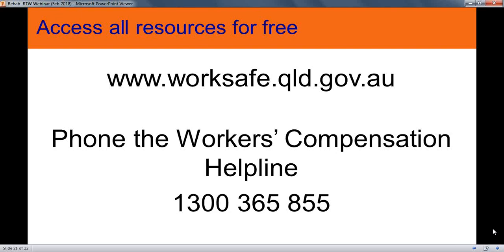But if that case arises and there's no suitable duties at that point in time, you've done all you can as an employer in terms of your obligations, and WorkCover will then work to find them some meaningful work. So I think I've covered what I'd mentioned in the slides, I hope.